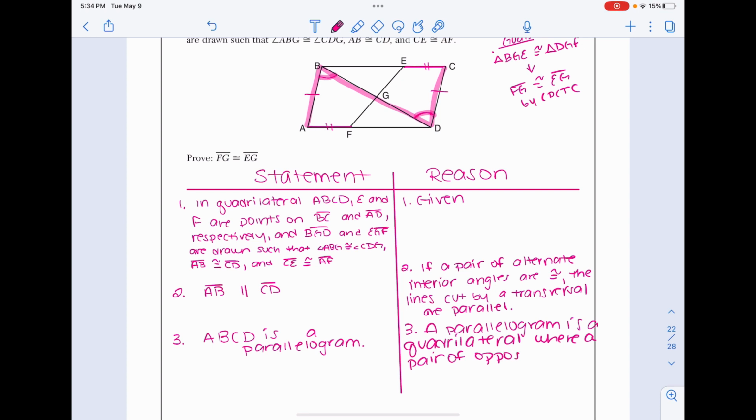Lots of writing on this proof. We already knew AB and CD were congruent. We talked about in line 2 how they're parallel. Now I know I have a parallelogram, and I get to use all of the properties of a parallelogram because of it.